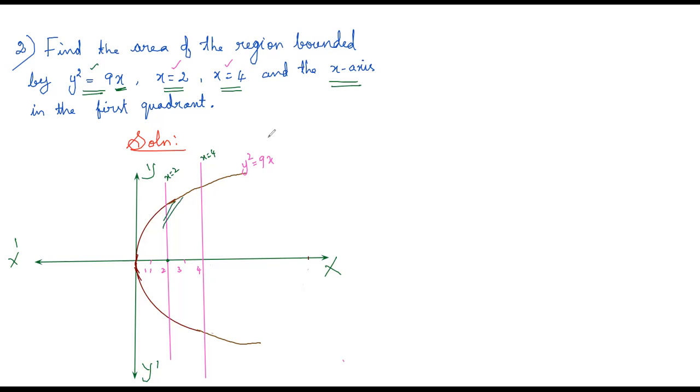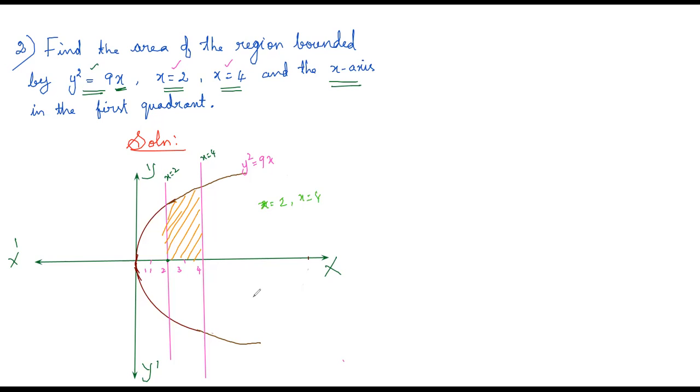You shade the region very carefully. This is the region to be considered. So this is the required region for which you are supposed to find the area. Okay. So you know what the limits are. The limits are x is equal to 2 to x is equal to 4, right?